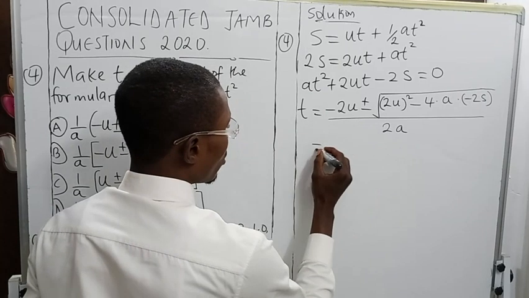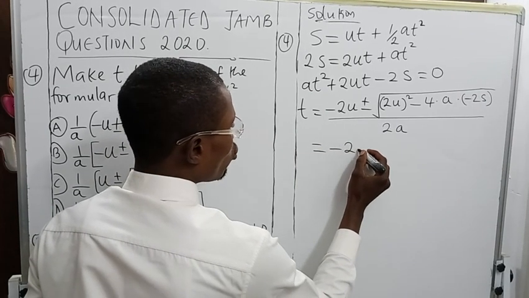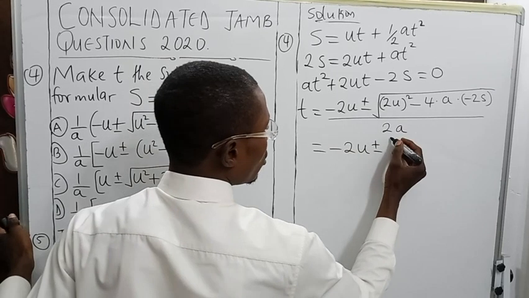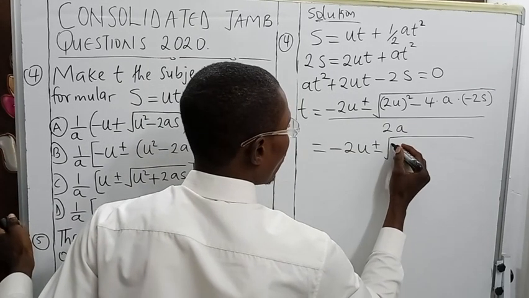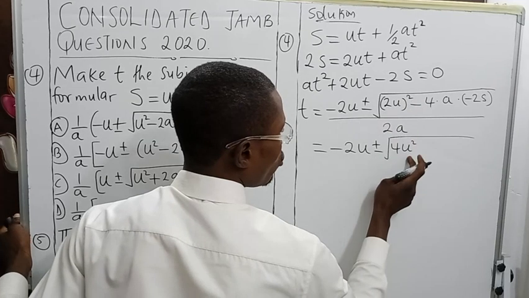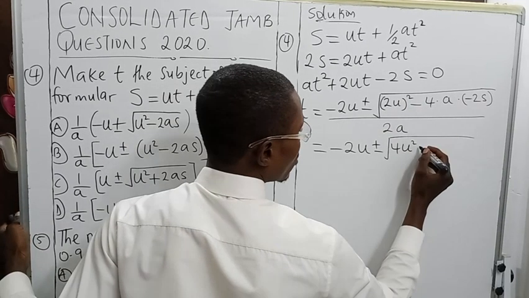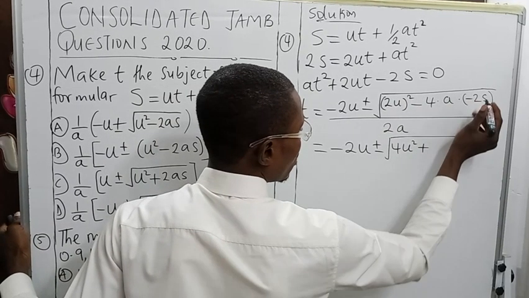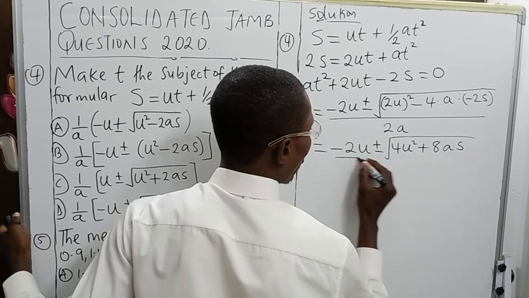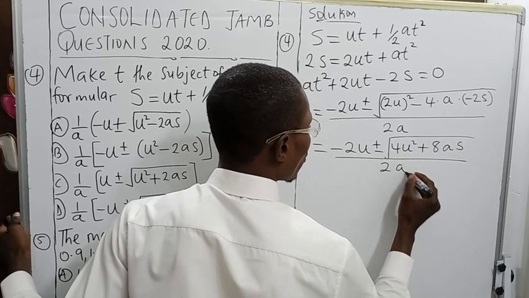I'm going to get minus 2u plus or minus the square root of 4u squared: 2 squared is 4, u squared is u squared. Minus times minus is plus 4 times a times 2as, 8as, all over 2a.